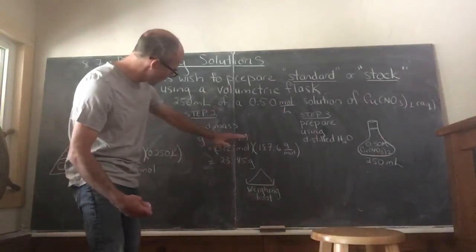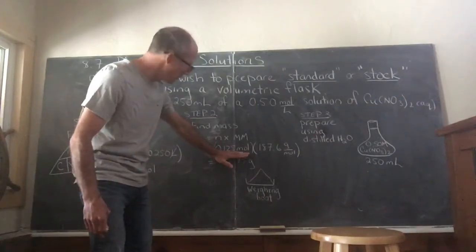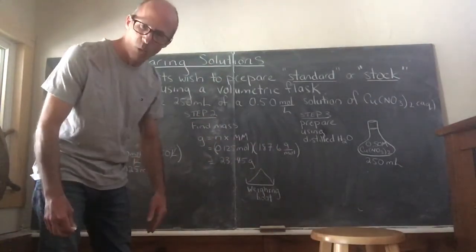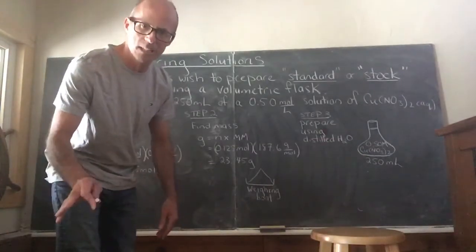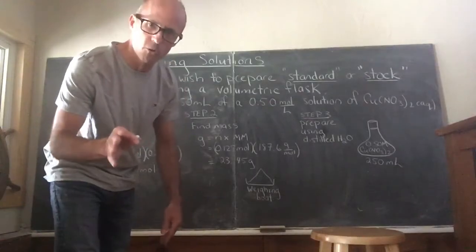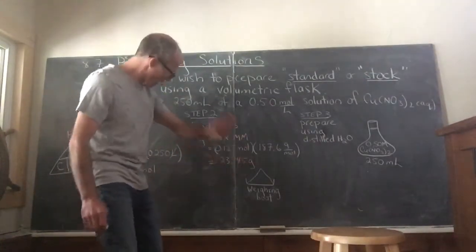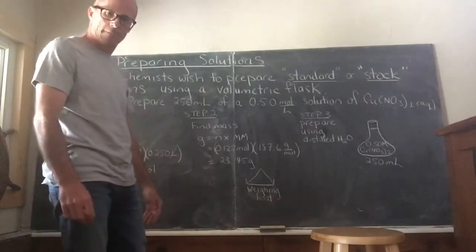Grams equals moles times molar mass. We have our moles, 0.125. The molar mass of cupric nitrate is 187.6. Don't trust short chemists. That's me. Do the math on your own. Use your table and your calculator. You will get about 23.45 grams of cupric nitrate.